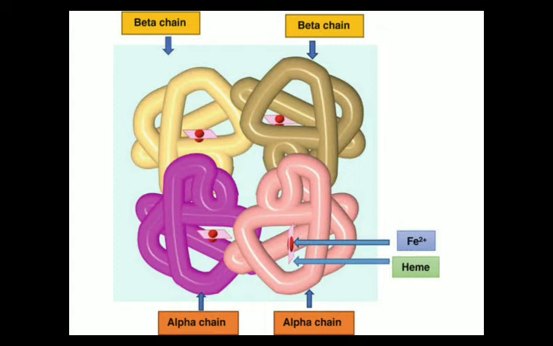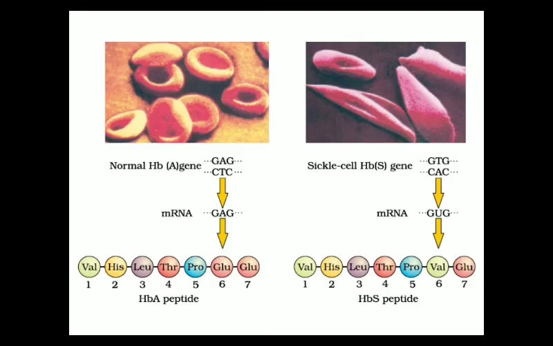In total there will be 4 chains, 2 alpha chains and 2 beta chains. And we all know that proteins are made up of long chains of amino acids. Proteins are nothing but long chains of amino acids. Amino acids are the building blocks of protein. Many amino acids join together and form protein.